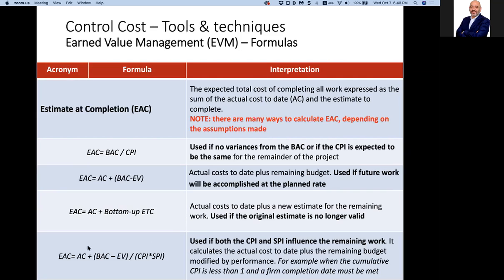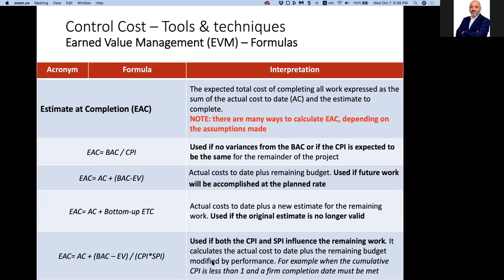Now this formula, I haven't seen it in my exam and I don't think it will come to the exam, and if it does, you don't need to memorize it because they will give it to you. It's used if both the cost performance index and the schedule performance index are highly influencing the remaining work. That means there is high fluctuation in the delivery speed, and the cost fluctuation goes up and down. If this is the case, it calculates the actual cost to date plus the remaining budget modified by performance, highly dependent on and interrelated to our performance.